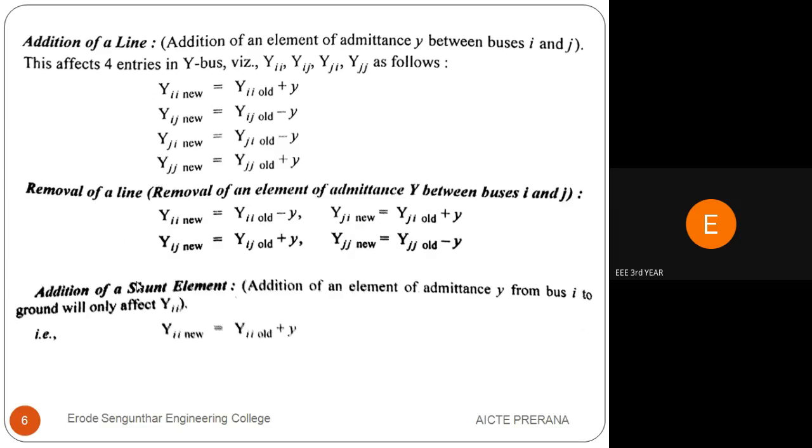It can be easily found and modified for any change in the network, so we can modify the circuit at any time. The computer memory and time required are very little, so memory size can be reduced by using the Y-bus matrix. A lot of applications are available, just go through them.